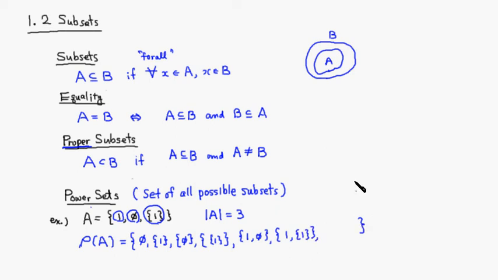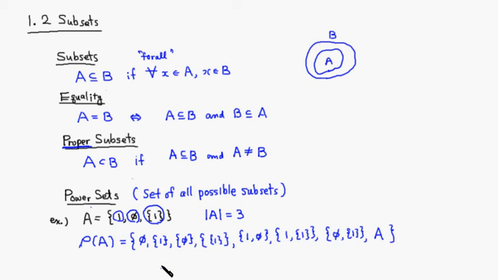Or we could have a set with the empty set and the set with 1 in it, right? Or we could have a subset which has all 3 elements, which is the same thing as A. This is called the power set.